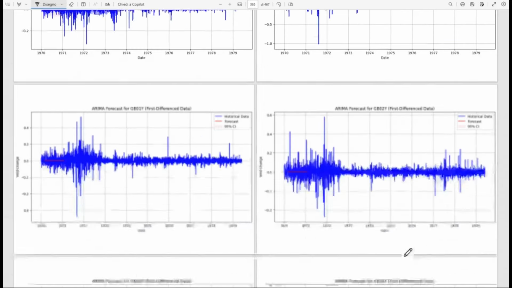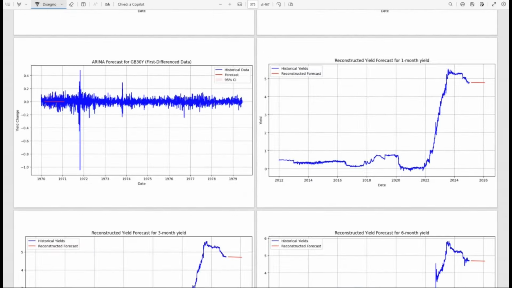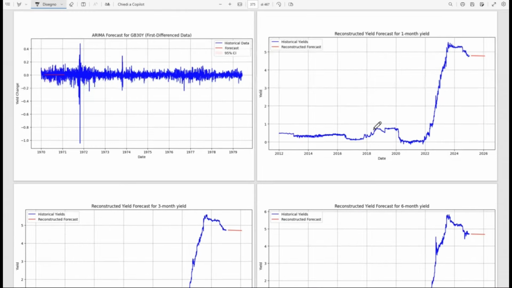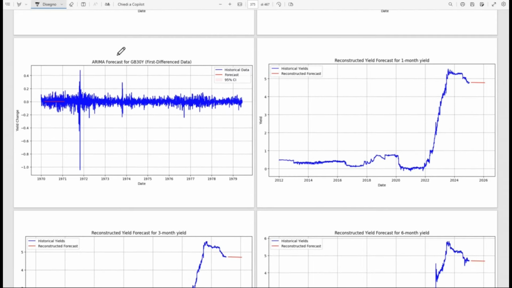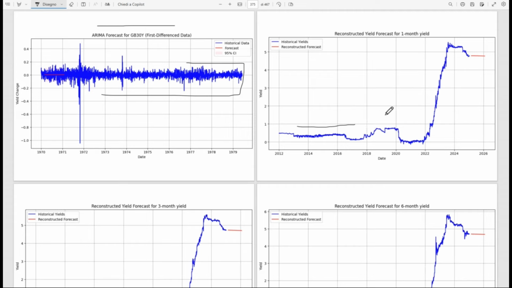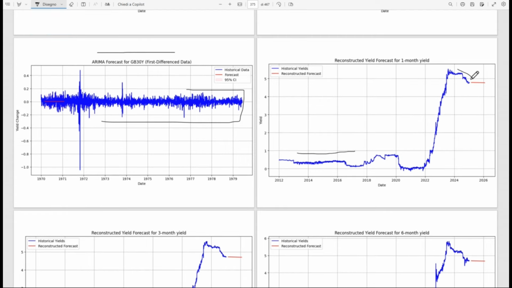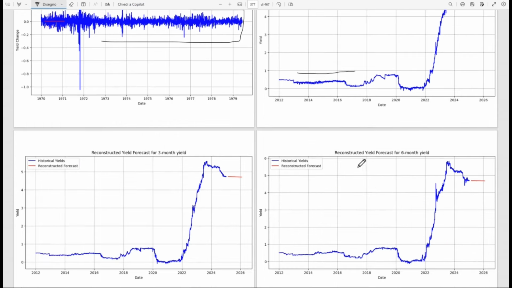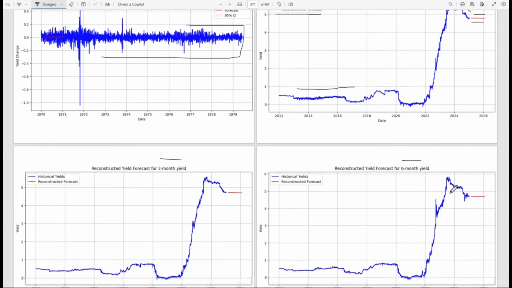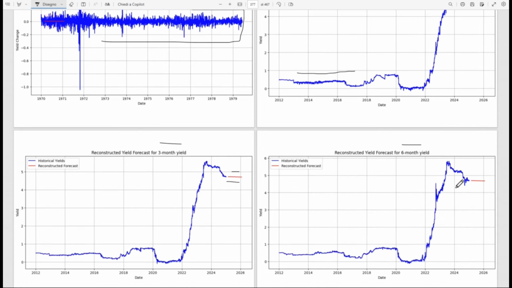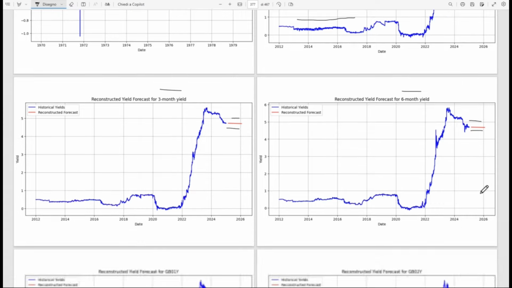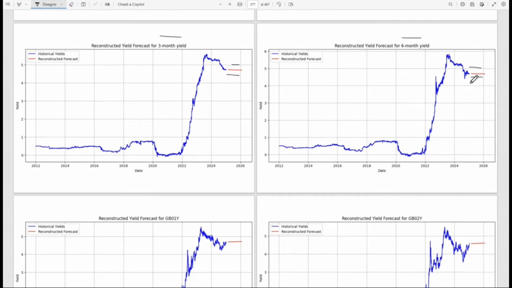Okay, so the machine does its work, and also doing another analysis and doing the ARIMA model, and you take the first difference, and then the machine does a reconstruction of the yield curve, and it gives you an outcome. And the reconstructed forecast, the basically short-term paper, 1 month, 3 months, 6 months cost of borrowing, it could be, it should be, and it has to be stable, yeah, but it will be high.